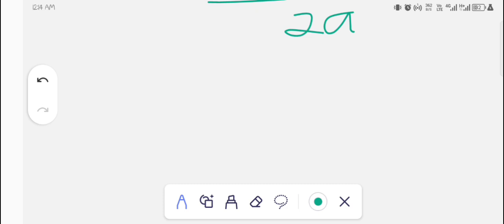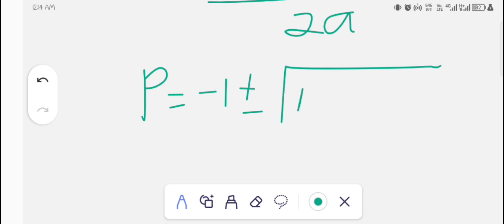Therefore, it means that the values for p will be equal to minus b, where b is 1, plus or minus the root of b squared, that is 1 squared, minus 4ac. A is as well 1. Then c is minus 1. Are we there?